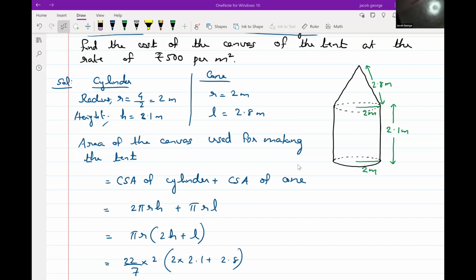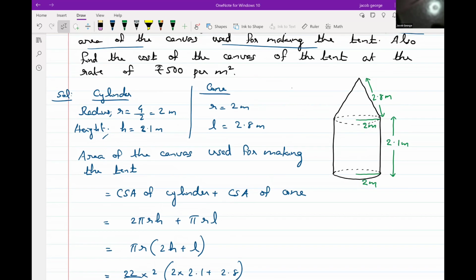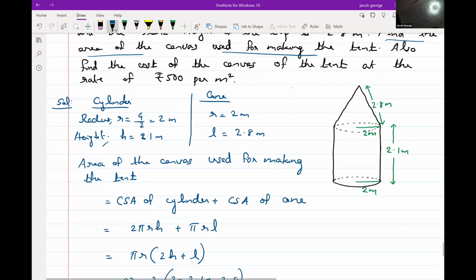Fine. So now we are going to write the rate. It is written, cost of the canvas is rupees 500 per meter square.